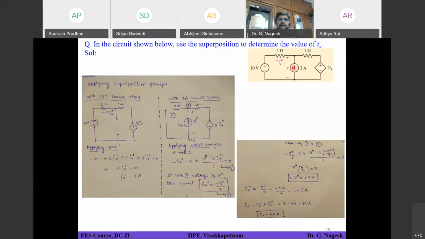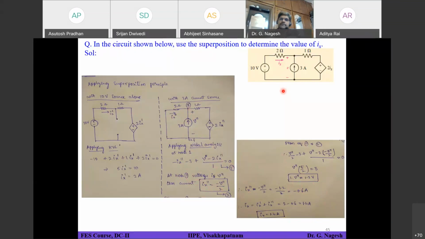If I have, let's say, 6 or 7 independent sources, and you use mesh analysis or some other analysis, it may become complex. Even though this may seem to be a lengthy process, it will simplify your complexity. If you have 6 sources, you can break into 6 circuits, get the solution for each stage, and sum up all those things.